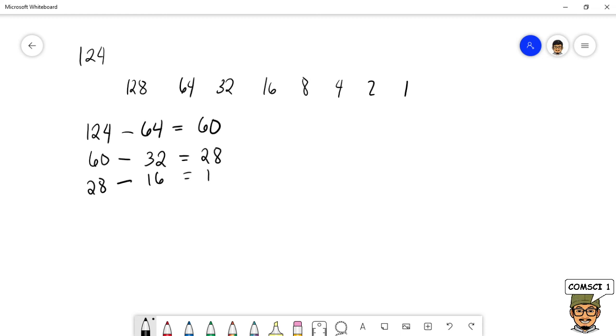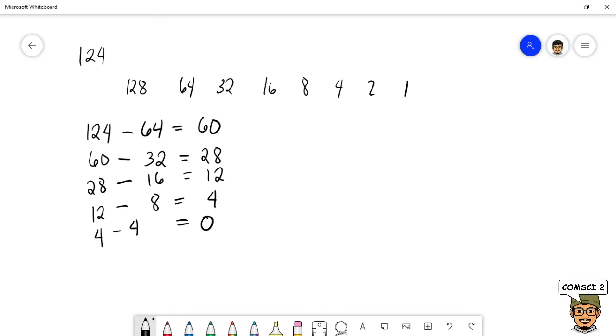We get 12. And then 12 subtracted by 8, we get 4. And then 4 minus 4 is 0.